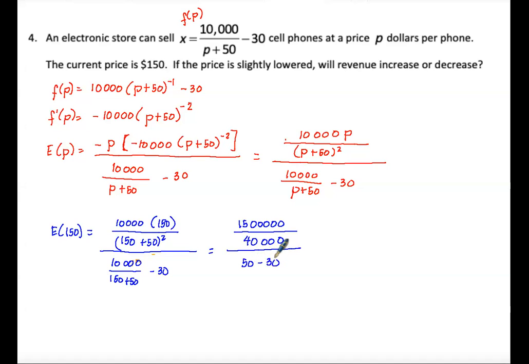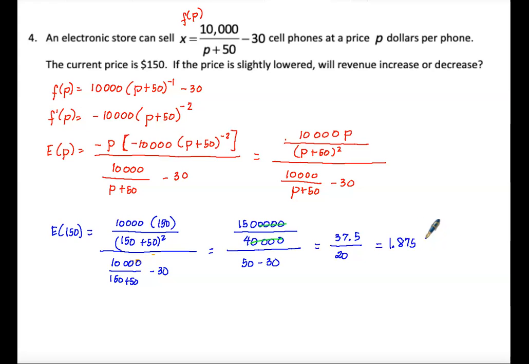Okay, so this is more like it. From here, we can cancel out 4 zeros with 4 zeros to reduce it. So we can divide 150 by 4, which is equal to 37.5. So we get 37.5 for the numerator divided by 20. So 37.5 divided by 20 gives us 1.875.